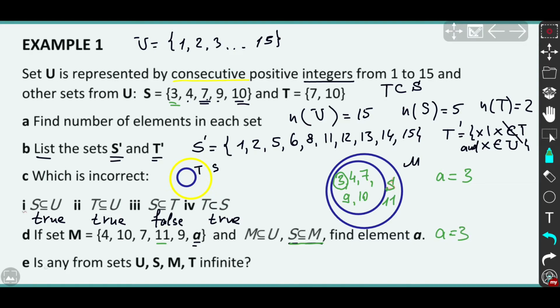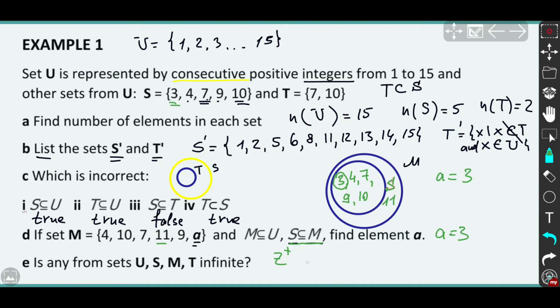So the last one is: any of the sets U, S, M, T, infinite. So what does an infinite set mean? I just remind you, it's not limited, okay? It should contain an infinite number of elements. For example, let's consider set Z plus, Z minus, or just Z positive integers, okay, for our case.